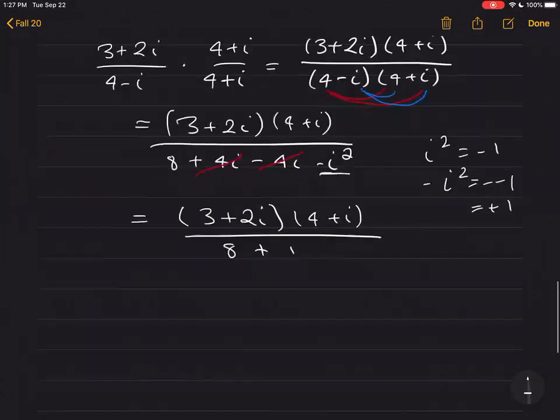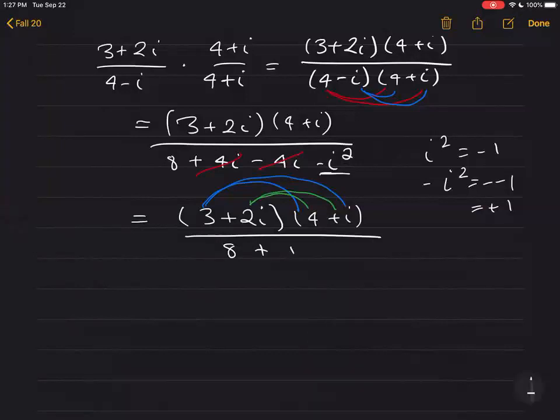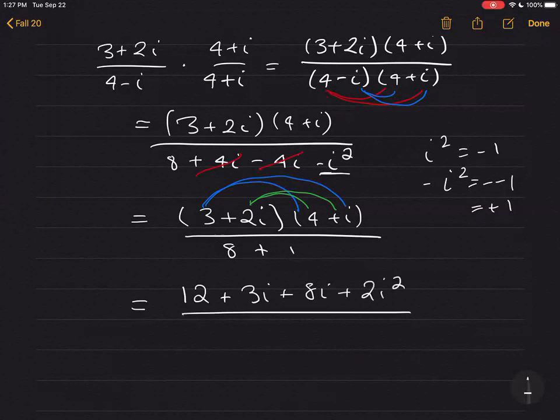And so I'm going to go ahead and distribute these as well now, like that. And so we'll get 12 plus 3i plus 8i plus 2i squared all over 17.